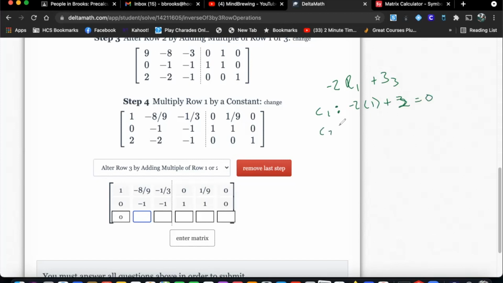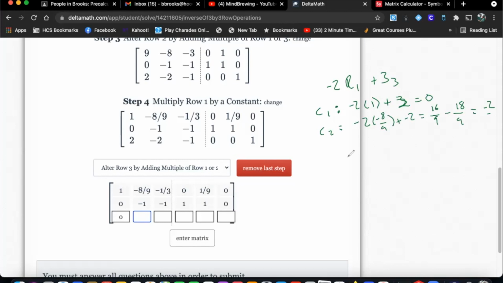Column 2, I got -2 times -8/9 plus -2. So let's see, that's going to give me positive 16/9 minus 18/9, or -2/9.